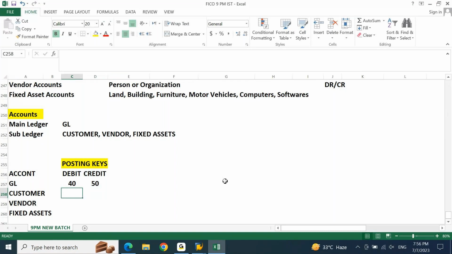What about customer? 01 for debit, and 11 for credit. Similarly, for vendor, it will be 21 and 31. For fixed assets, it will be 70 and 75.